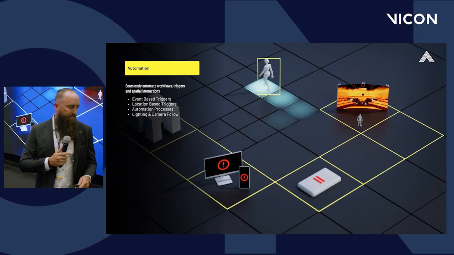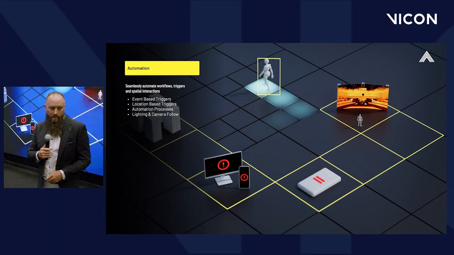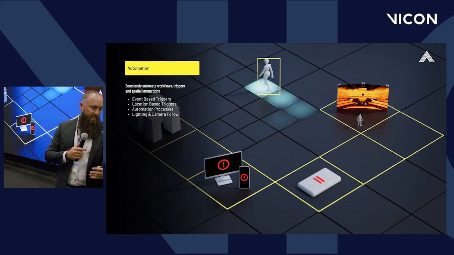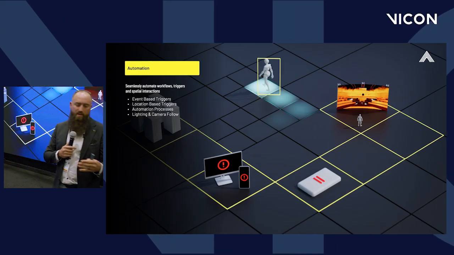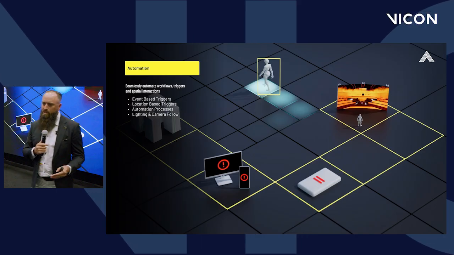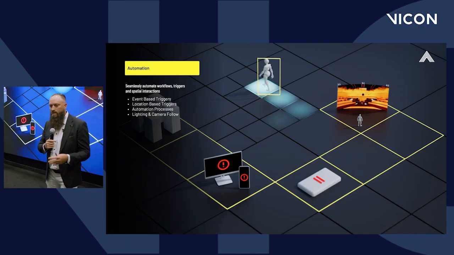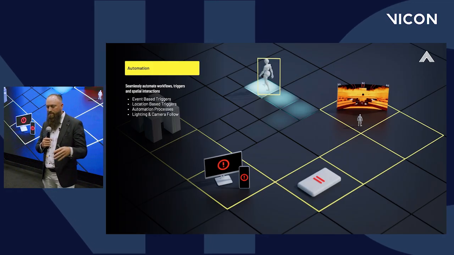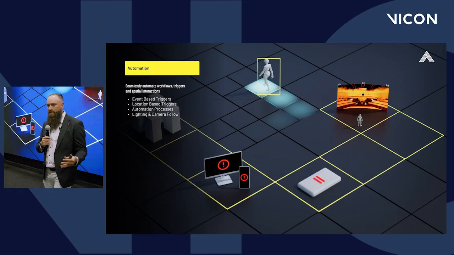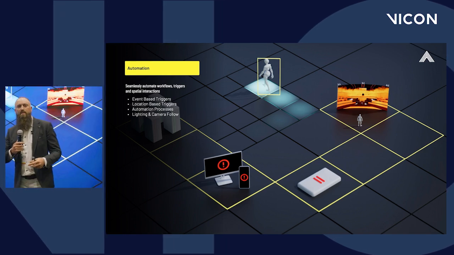The key part of SP Grid is the automation part of SP Grid. This is to have event-based triggers or location-based triggers. So we can automate this entire stage with a skeleton crew based on the spatial intelligence of our software, because everything in SP Grid is 3D spaced.